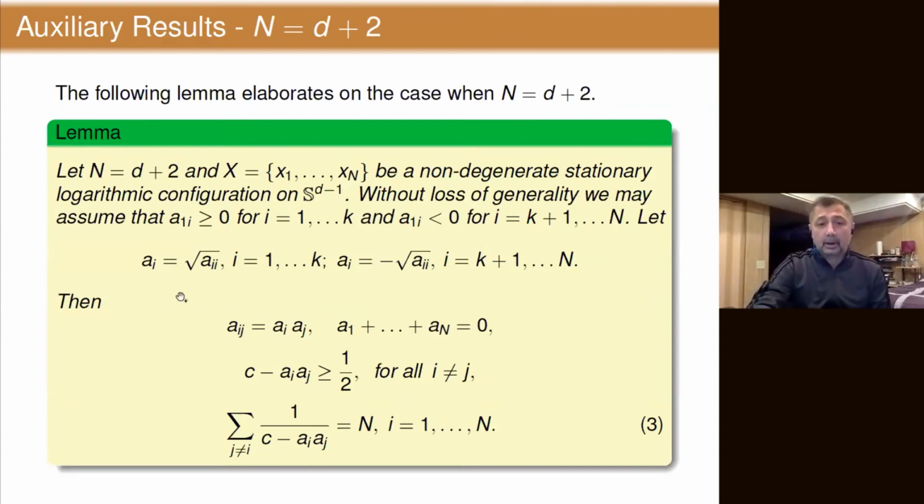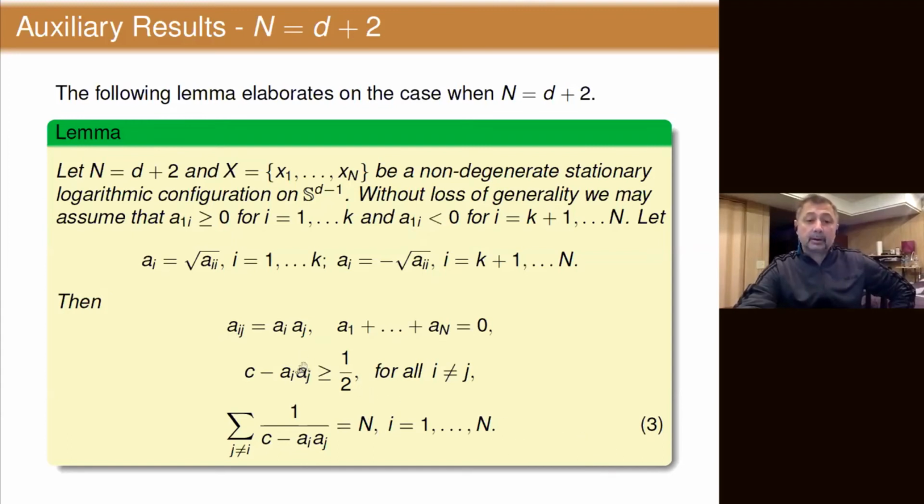So if the diagonal elements are non-negative, we take the square root of them, let that be a_i for the positive ones, and for the negatives, let a_i be the negative of the square root. Then one can write down what the elements of A will have to be.